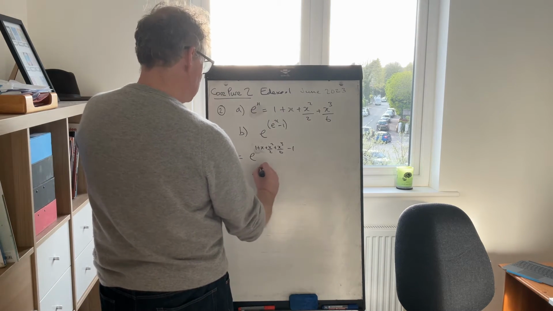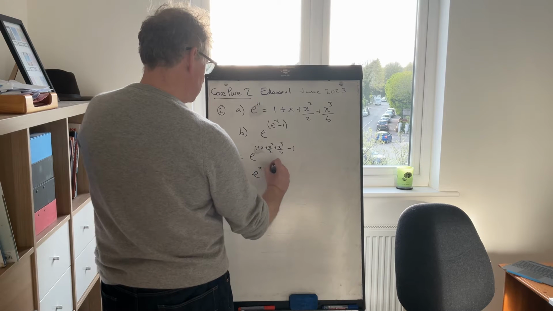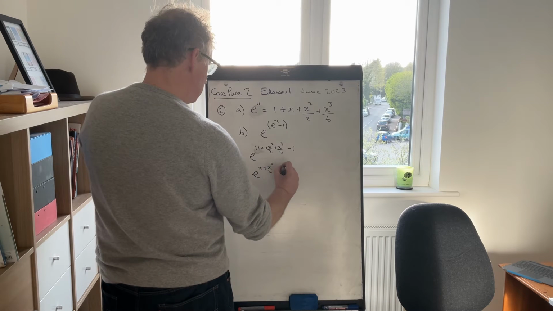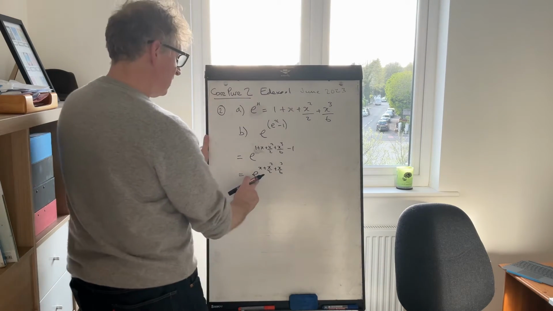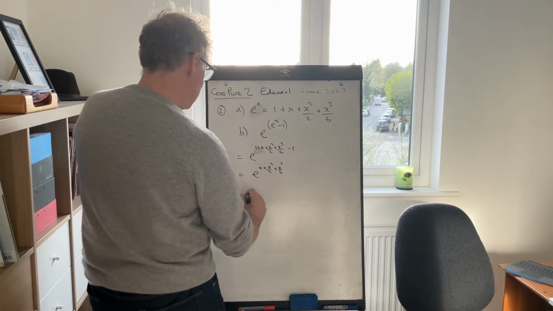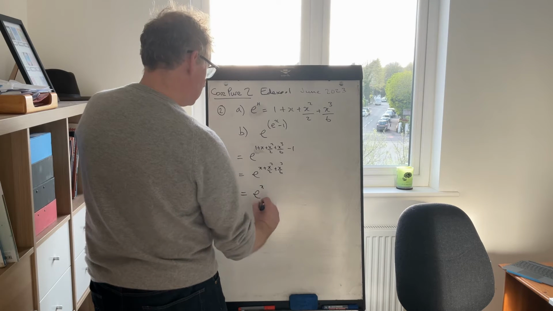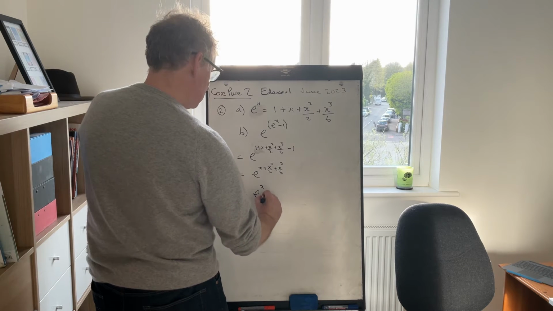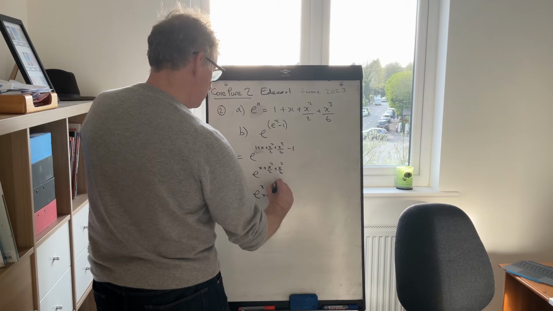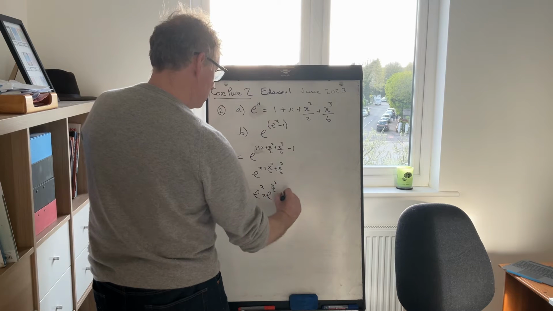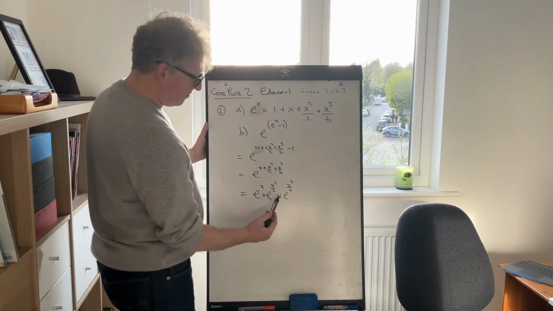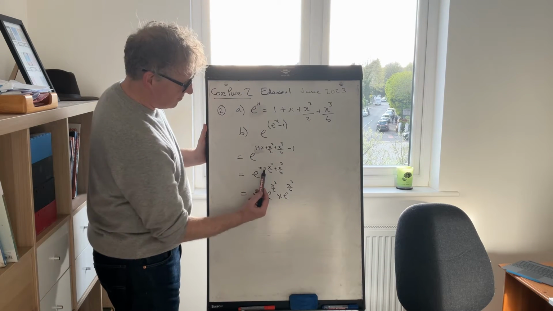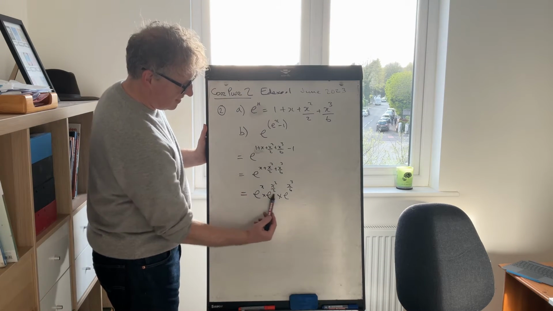So we've got x plus x squared over 2 plus x cubed over 6. Now then, let's be sensible about this. Isn't that split into e to the x times e to the x squared over 2 times e to the x cubed over 6? Obviously, when we multiply together, we add our powers, don't we? So that splits into this.